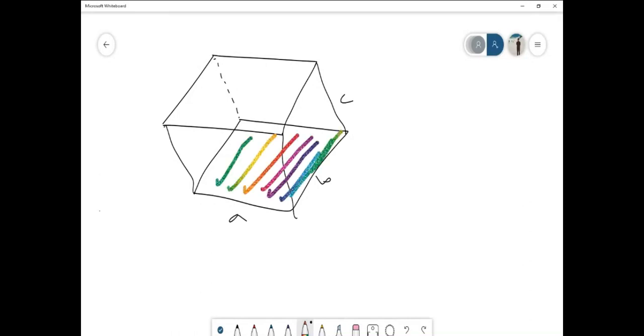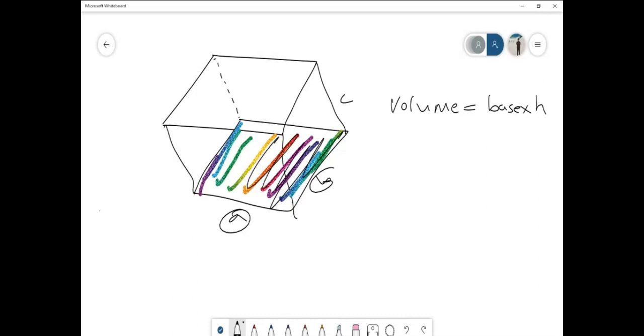So this is base, and height is C. Volume is always equal to base times height. Okay, what is base here? Base of this cube is a times b.